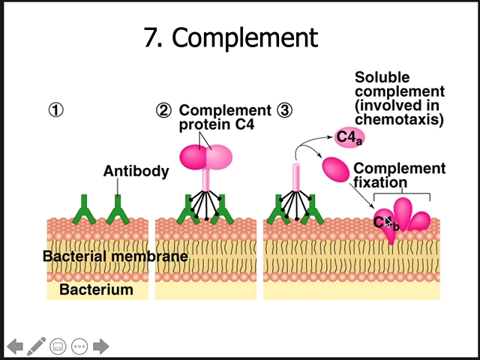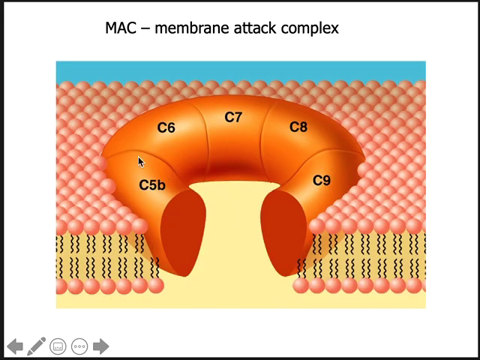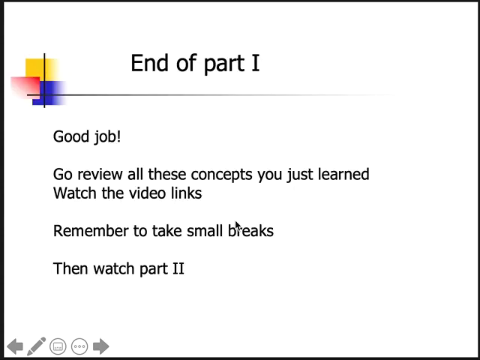Then all those individual proteins embed into the bacterium and form this membrane attack complex, and that forms a small hole, and then the water rushes in and lyses it open. Okay, good job.